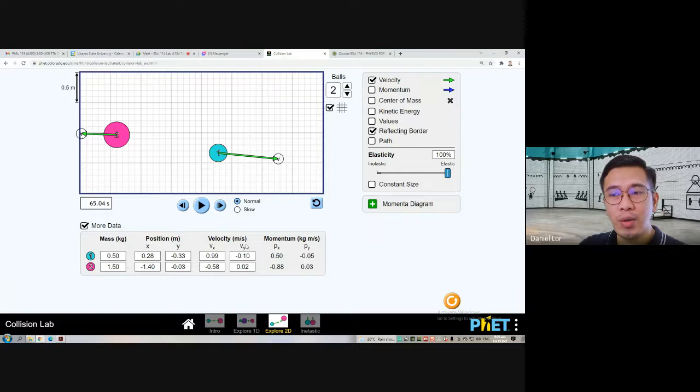So after squaring these two values, add them, then take the square root. So that is your resultant velocity.